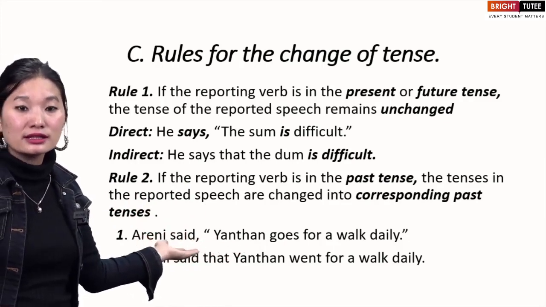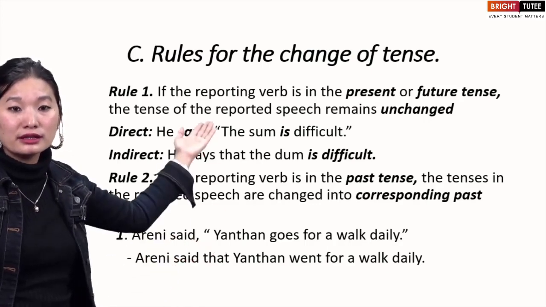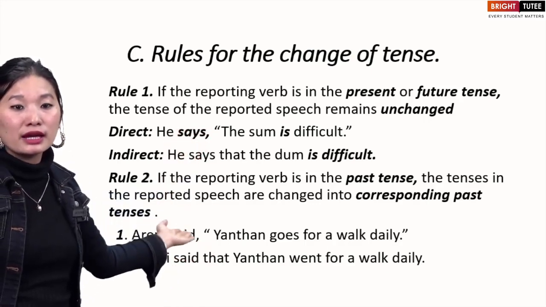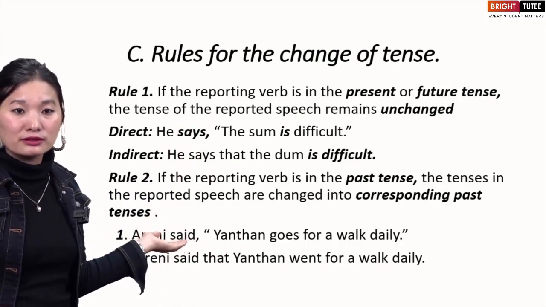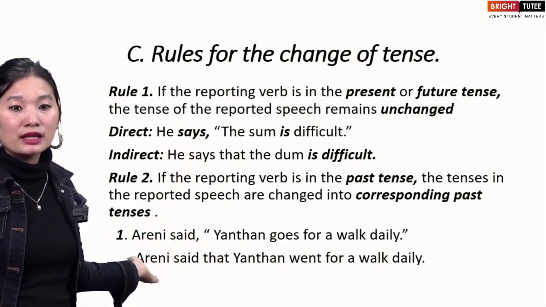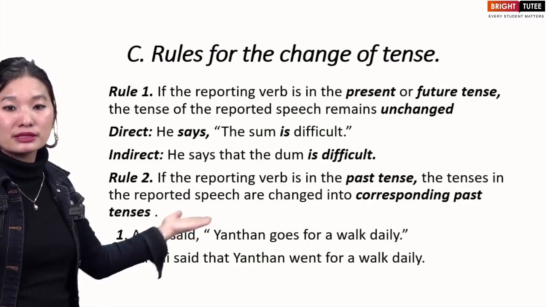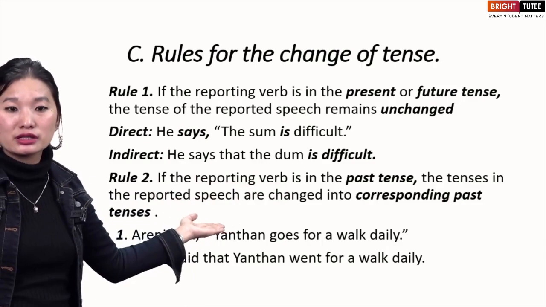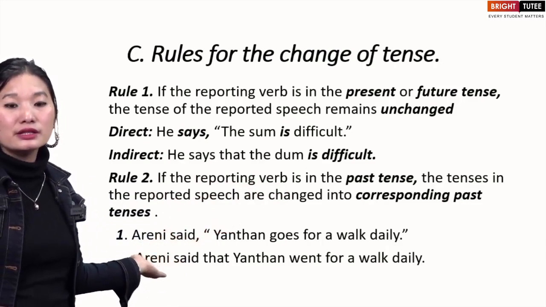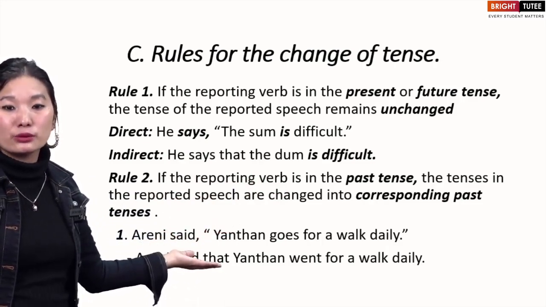Here, says is the reporting verb in the first example, and in the second example, in rule number 2, said is the reporting verb, right? Since the reporting verb is in the past tense, the tenses of the reported speech are changed to corresponding past tenses. Irene said that Yantan went for a walk daily.